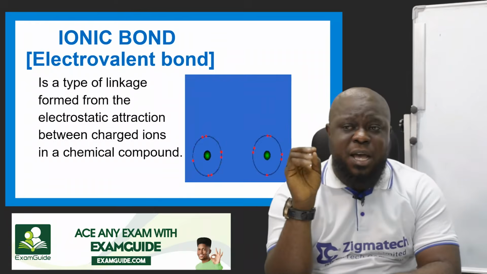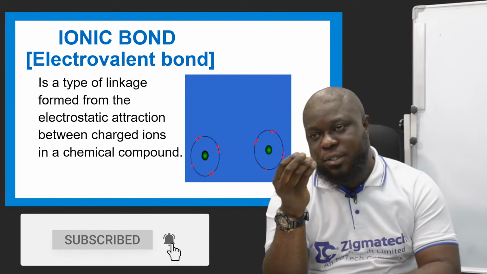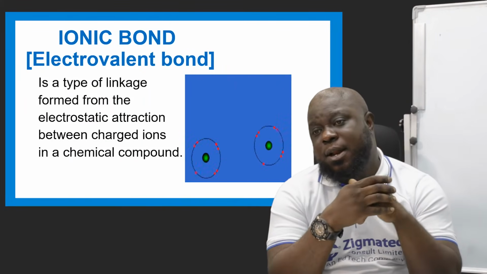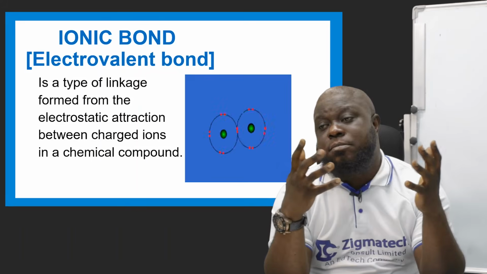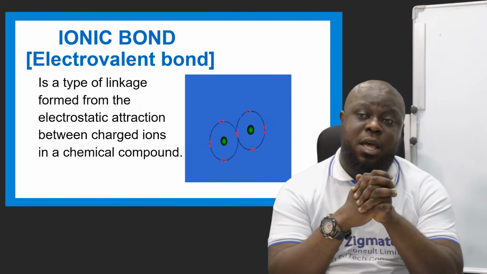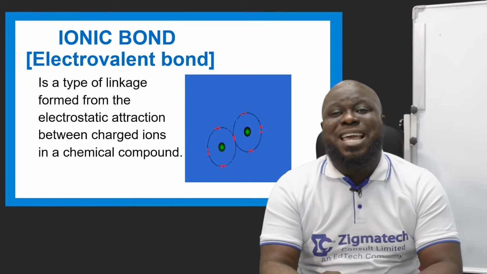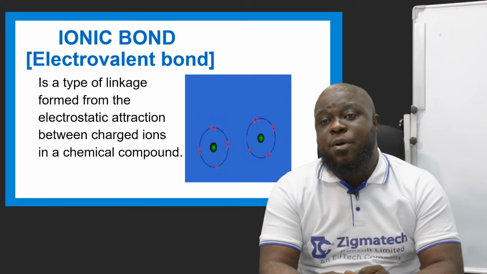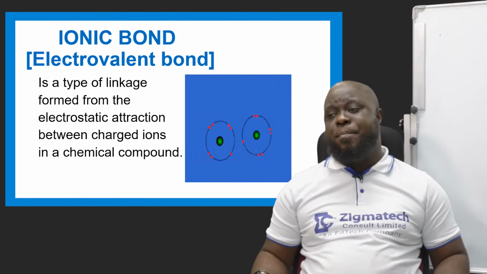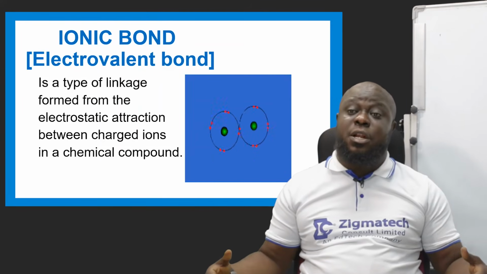Ionic compounds are electrically charged. They have a high level of electricity because like charges repel and opposite charges attract, and this gives us enough electrical substances. Now, an ionic bond is a type of linkage formed from the electrostatic attraction between charged ions in a chemical compound. That electrostatic attraction is called electrostatic force.